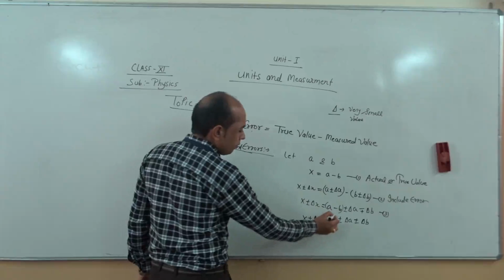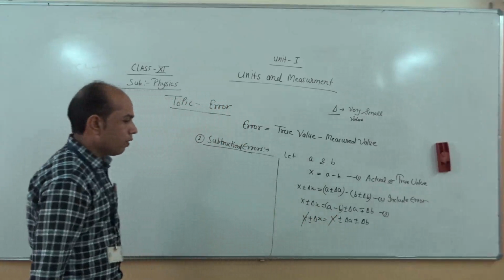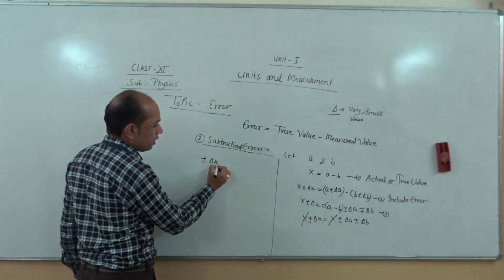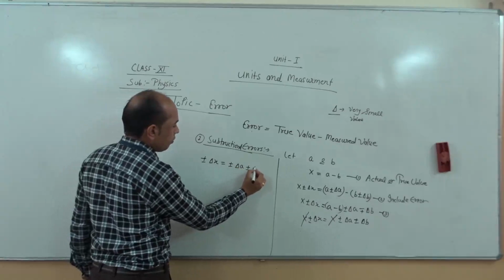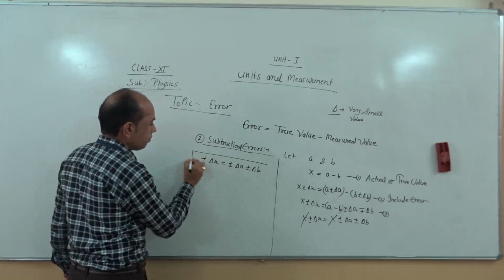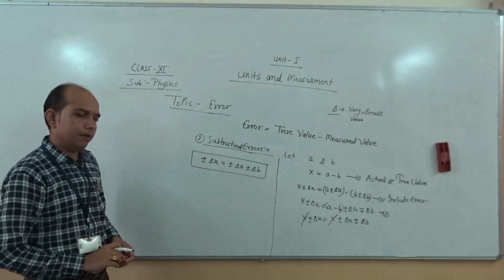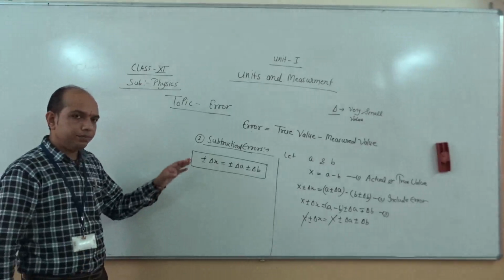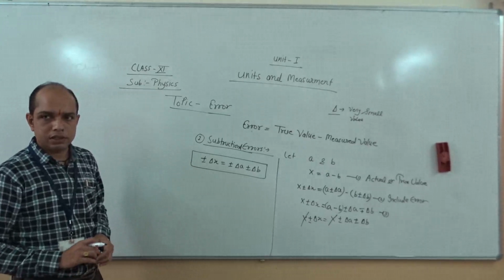Now again x and x cancel out, so the final result is plus minus del of x, which equals plus minus del of a and plus minus del of b. This shows the subtraction error. So we may conclude that addition and subtraction error remain the same.